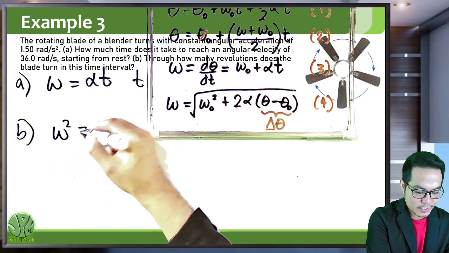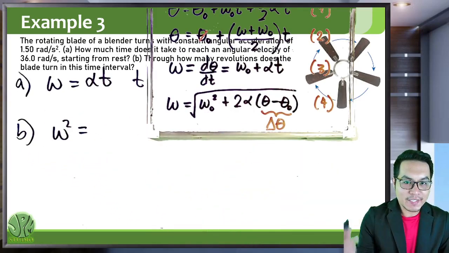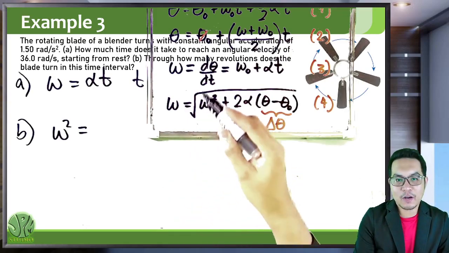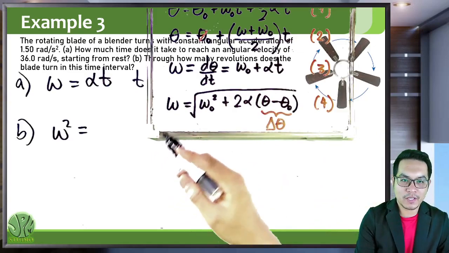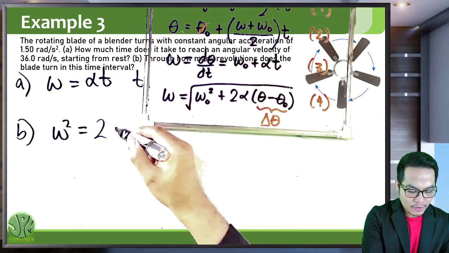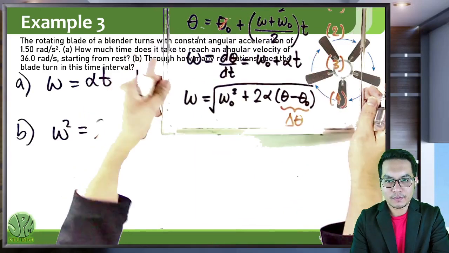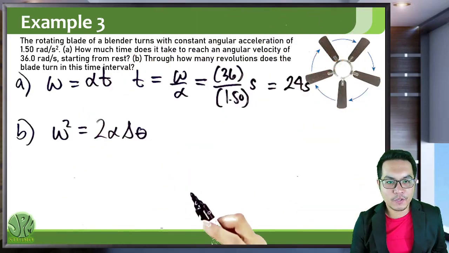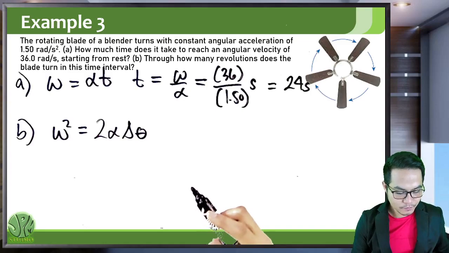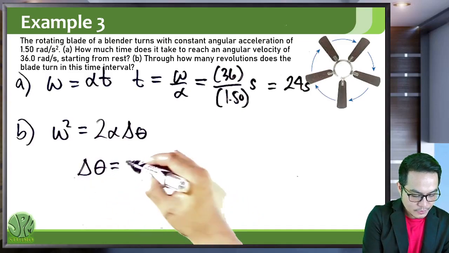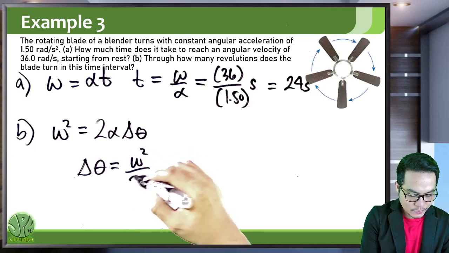Omega squared is equal to omega naught squared, which is 0, so no need to include that, plus 2 alpha times change in theta. So that is now the result for using equation number 4. We solved for the angular displacement. This is just omega squared over 2 alpha.